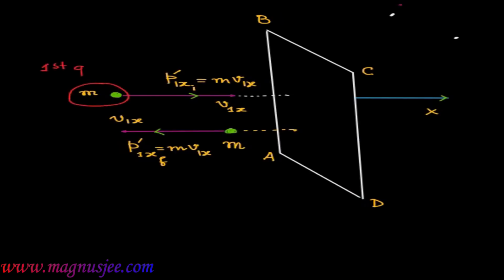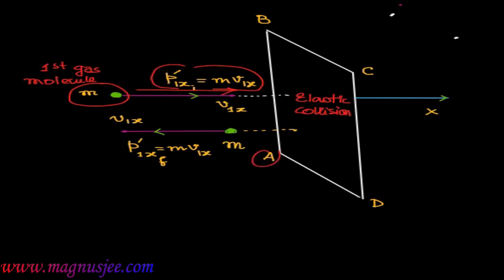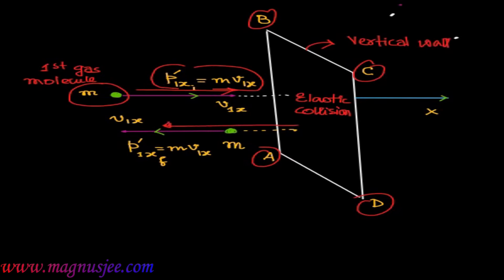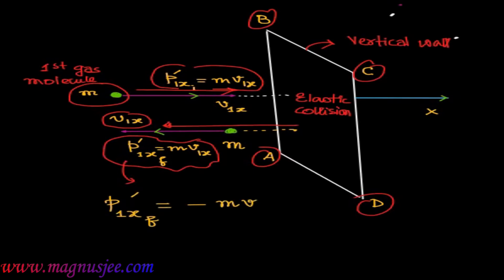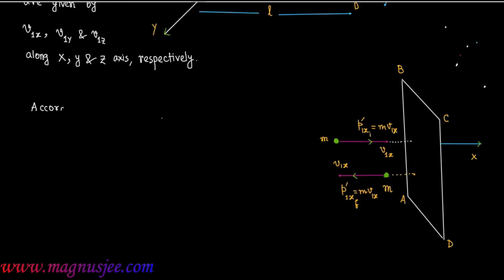In the diagram, the first gas molecule is moving with an initial linear momentum p1x initial prime equal to m v1x, undergoes an elastic collision with the vertical wall ABCD of the cubical container, and after the elastic collision, the same gas molecule will be reflected back with the final linear momentum p1x final prime equal to minus m v1x.